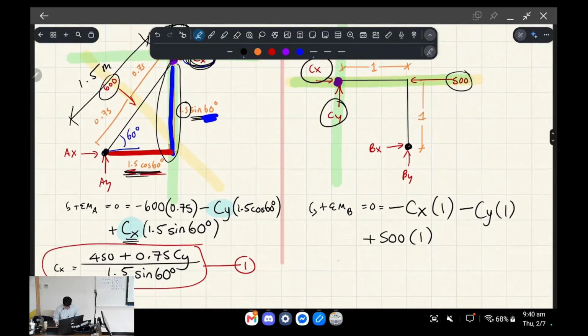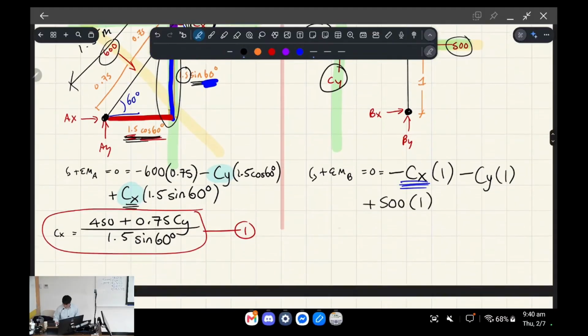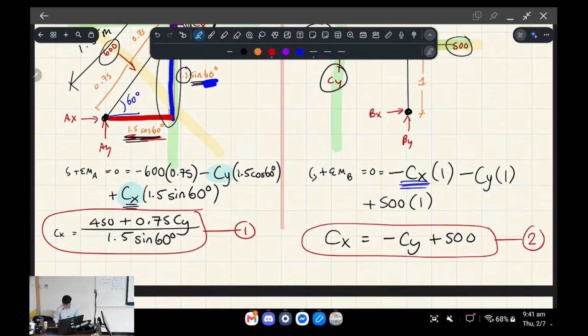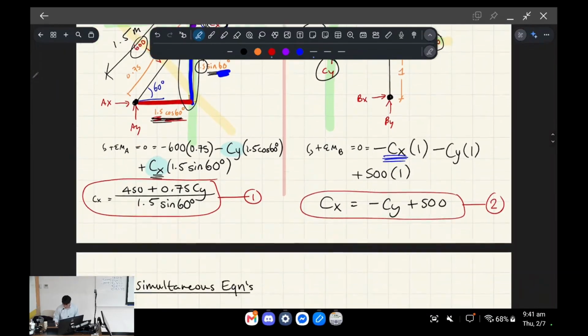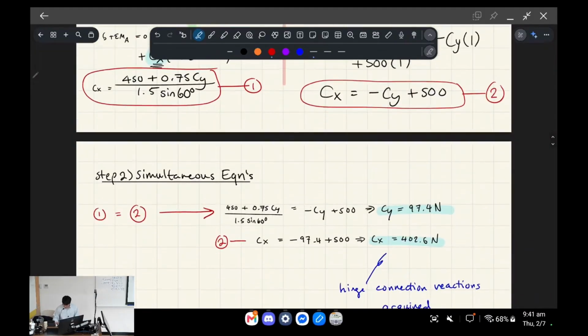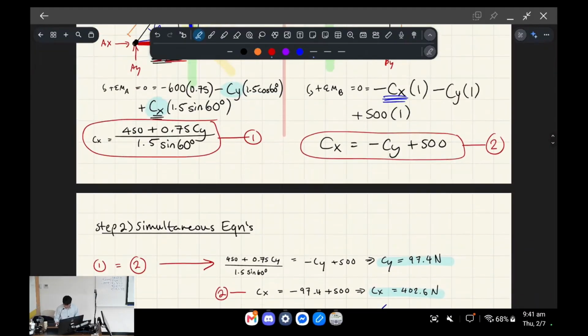So what we're going to do is rearrange for the same variable. Okay, so we're going to move Cx onto the other side, like so. And then we're going to set that as our second equation, okay? So after we do that, we set these two things equal to each other, and what that means is the right-hand sides are going to equal each other, right?